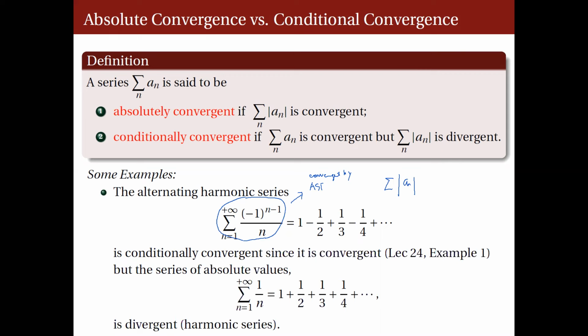And we know that the harmonic series is divergent. So, kung babalik tayo sa definition, this series, alternating harmonic series, is convergent. So which type? Let's consider yung series of absolute values. This series is divergent dahil harmonic series siya. Therefore, ang type of convergence is conditional.